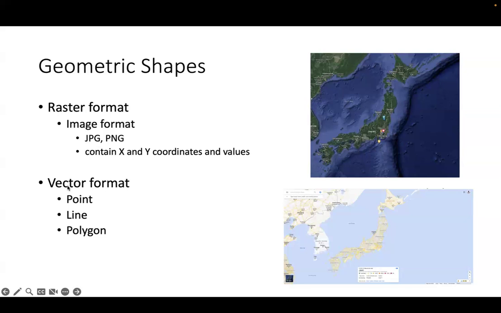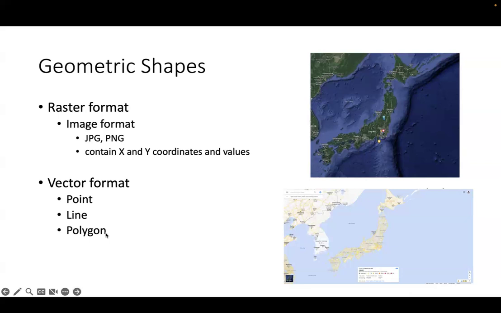The other format is called vector format. Popular formats are EPS and SVG. So this is the format for vector. In the vector format, we do not take photos. Instead, we represent the information using three things: point, line, and polygon.